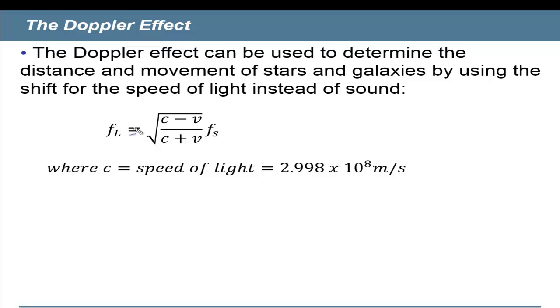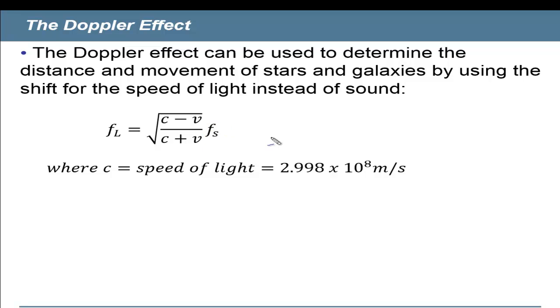So the frequency we hear is equal to the square root of c minus v, the velocity of the object, divided by c plus v. V is the velocity of the object here, the star or the galaxy or whatever that's moving, and c is the speed of light, which is almost 3 times 10 to the 8th meters per second, and then times the frequency of the source.